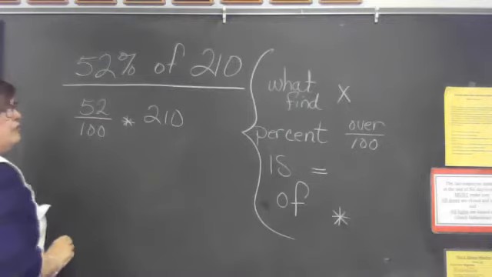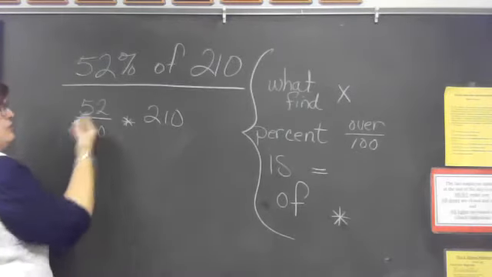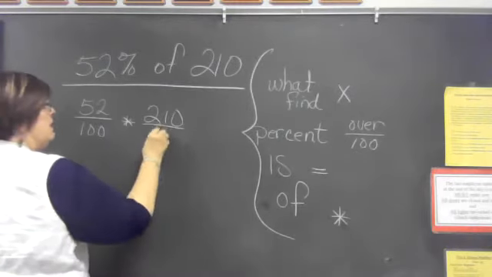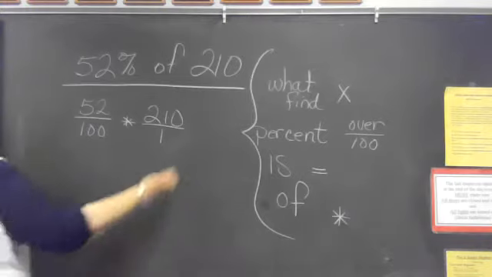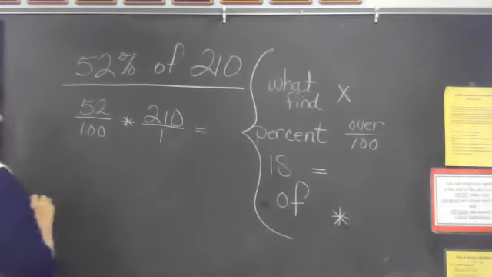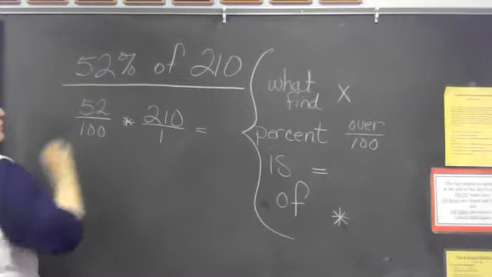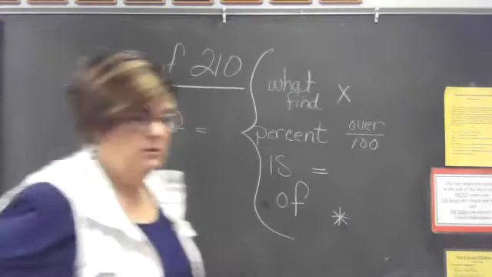Now, since we're going to work this problem and we have fractions in the problem, I like to make everything fractions. It makes it much, much easier. Okay? Now, those of you that are okay with cross-canceling, you can do that. We're going to work this without cross-canceling first.